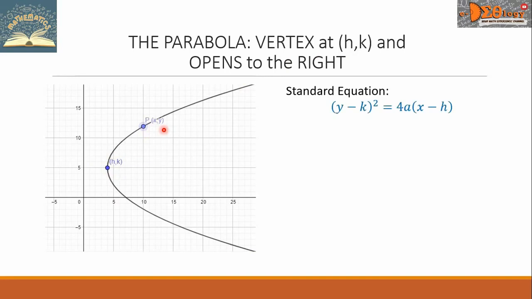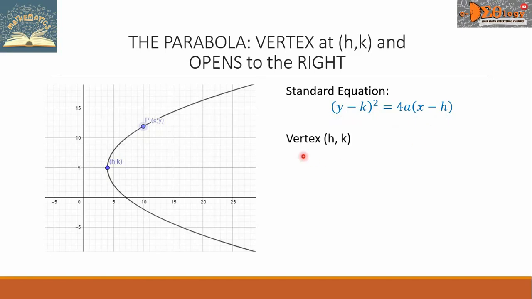The standard equation of a parabola with vertex at (h, k) and opens to the right is the square of the quantity y minus k equals 4a times the quantity x minus h.